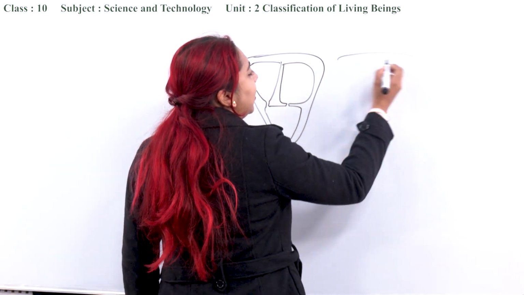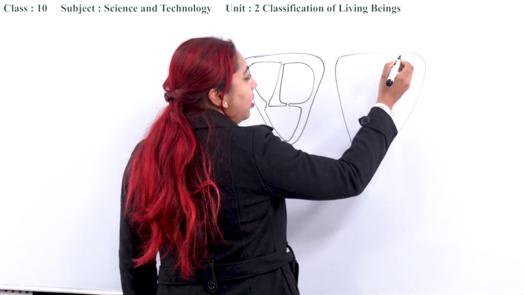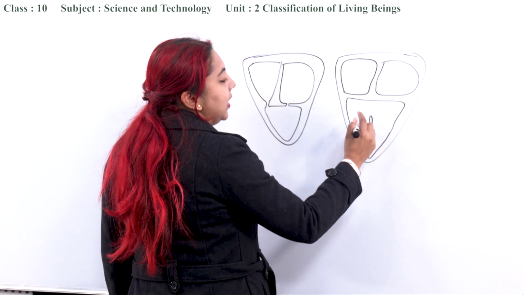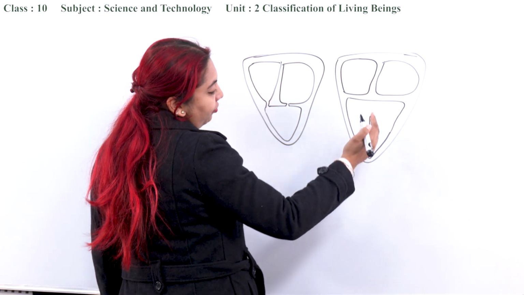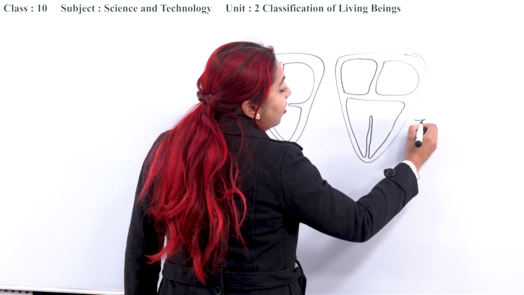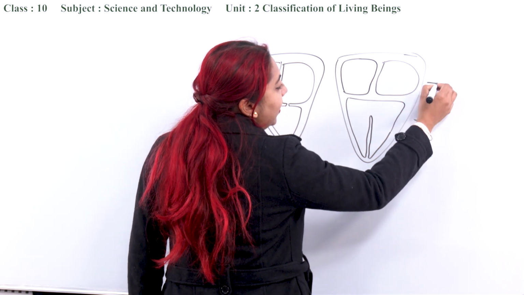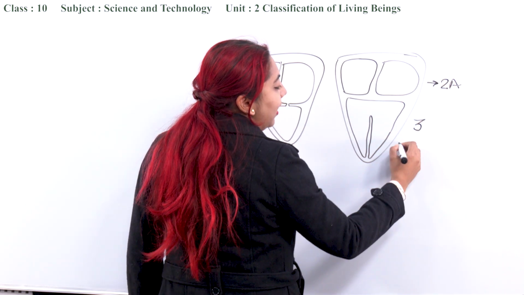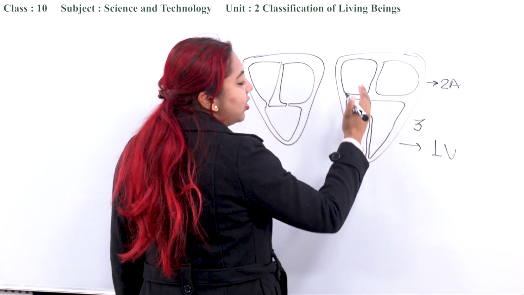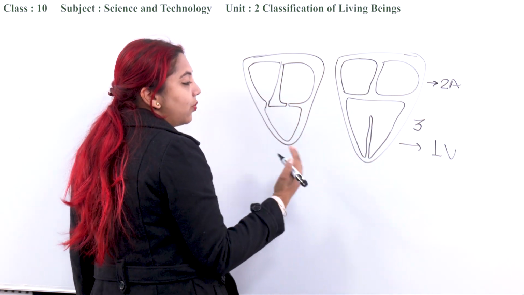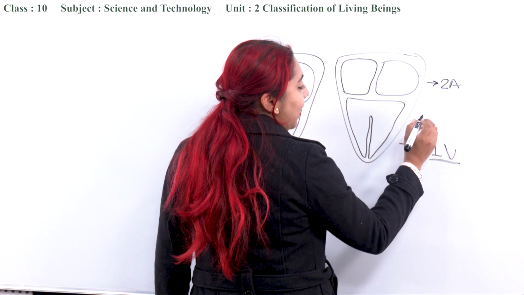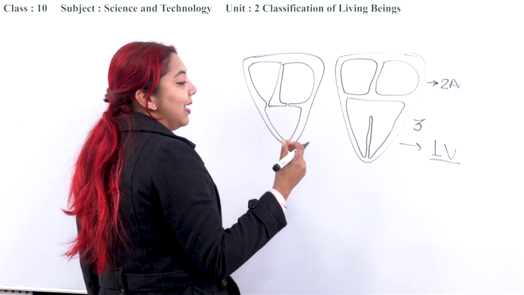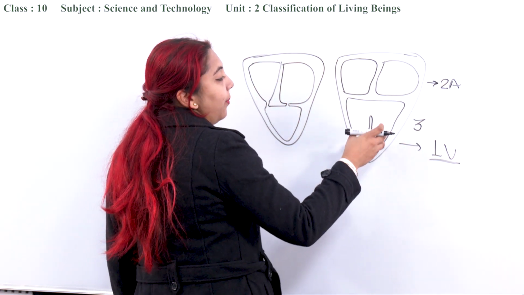Now the reptilia also has a 3-chambered heart. In the case of reptilia, their ventricles are incompletely divided. So it is also considered as 3-chambered. It has 2 auricles and 1 ventricle. The ventricle is not fully partitioned. That's why we consider it a single chamber. So it is 3-chambered, but actually it has an incomplete 4-chambered heart.